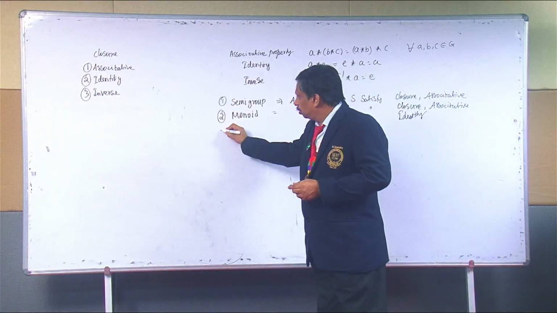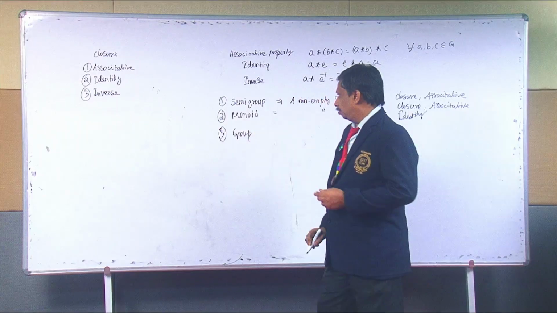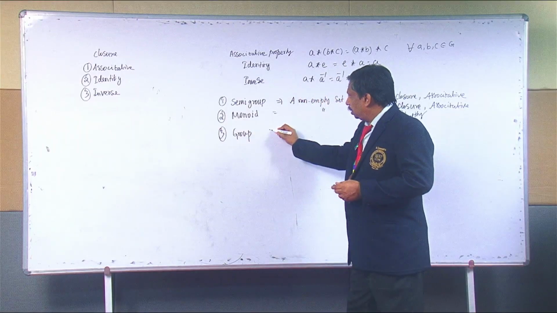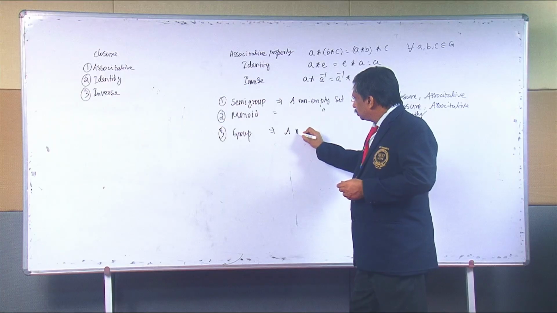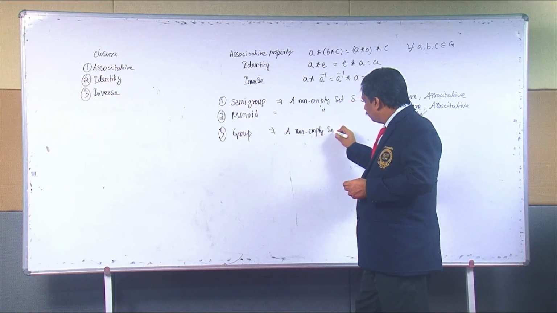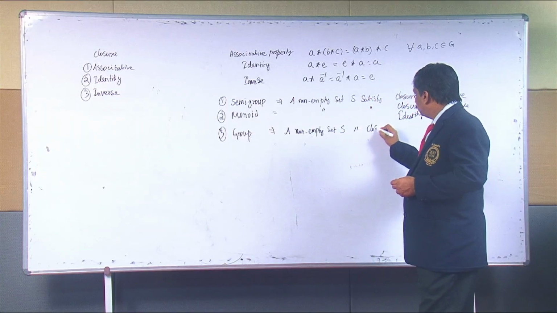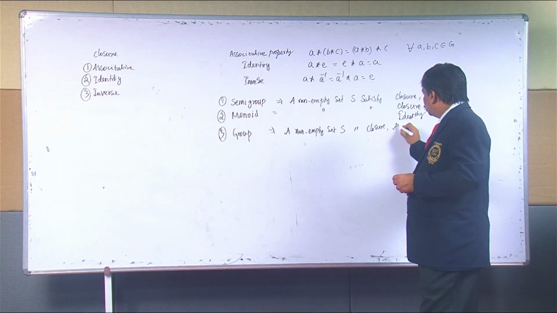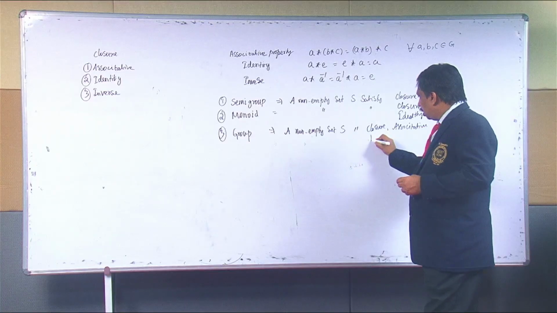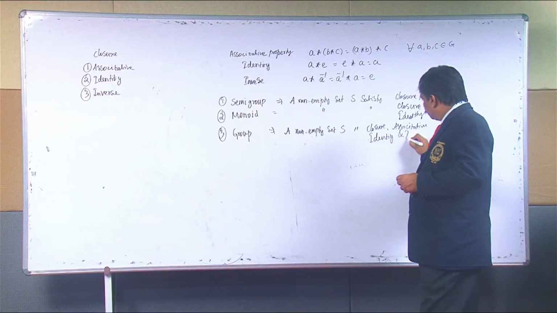Third one, group. What is a group? A non-empty set which satisfies closure, associative, identity and inverse.